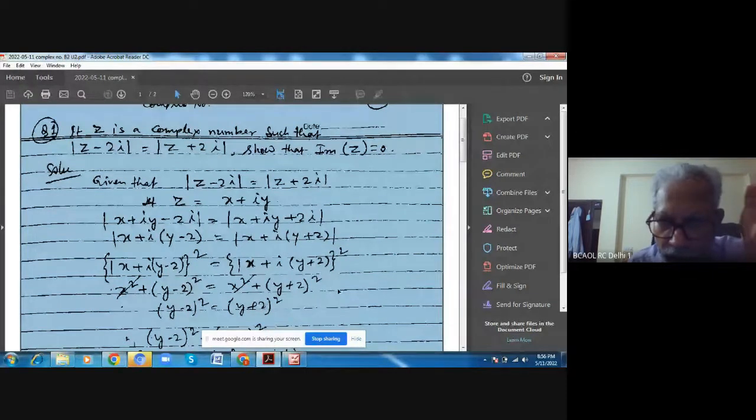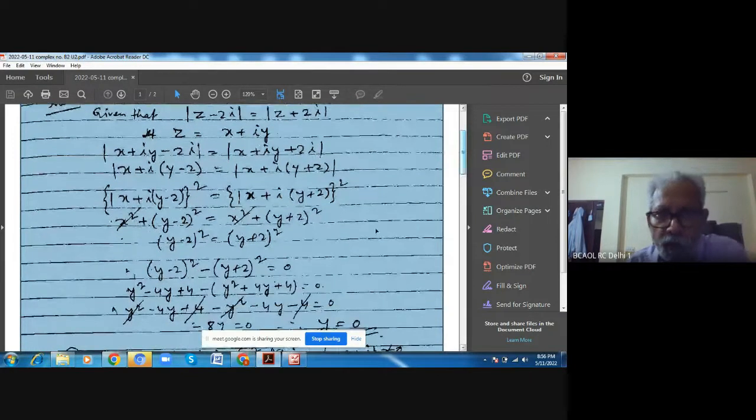I will tell you why I am putting a square, because iota should be removed. How to remove it? Because I know iota square is equal to -1. So if we square it, automatically iota will vanish.